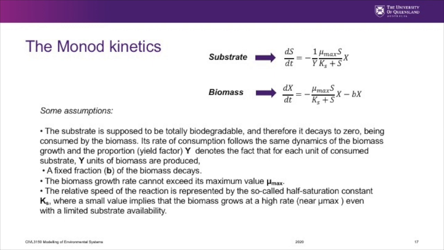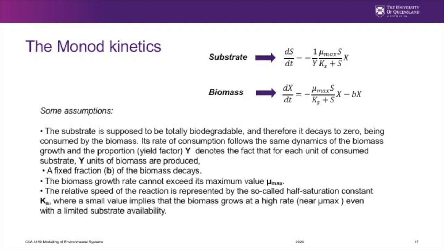Its rate of consumption follows the same dynamics of the biomass growth and the proportion yield factor. Y denotes the fact that for each unit of consumed substrate, Y units of biomass are being produced. There is a fixed fraction of the biomass that decays, and the biomass growth rate cannot exceed its maximum value of growth, which is mu max, the maximum growth rate.